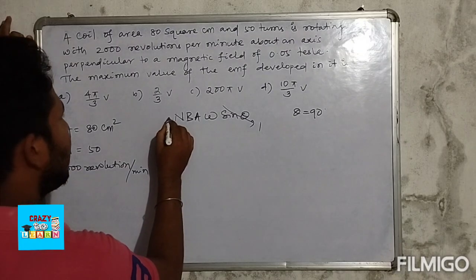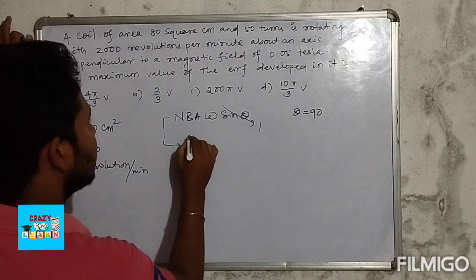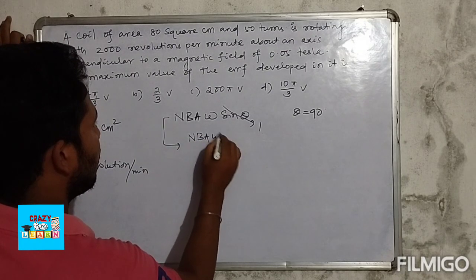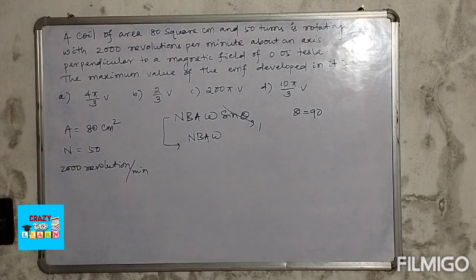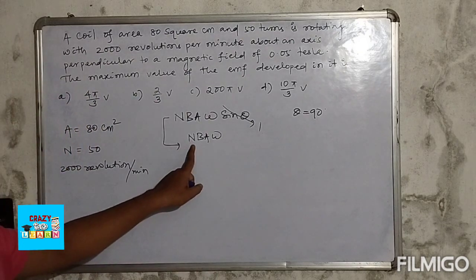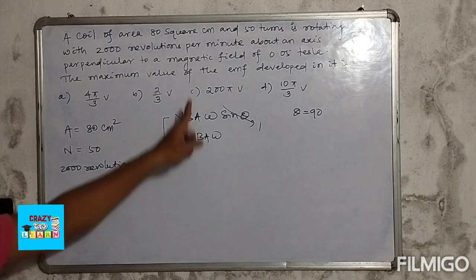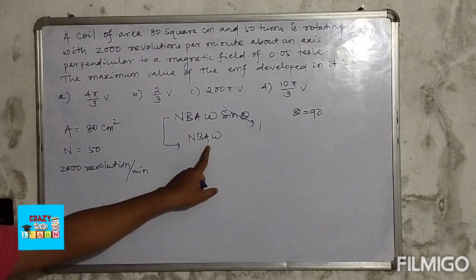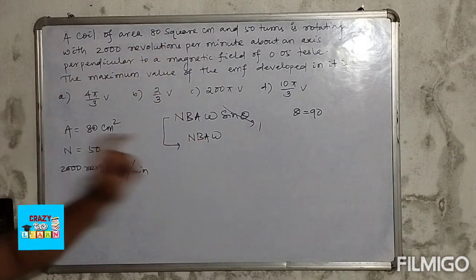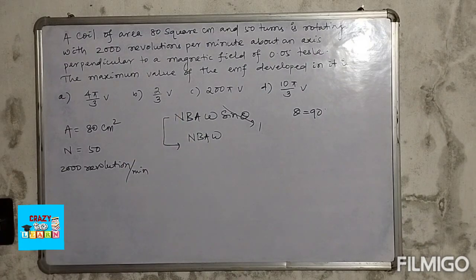So now you can write the formula as NBA omega. N is the number of turns, B is the magnetic field, A is the area of the coil, and omega is the angular velocity. You can also write angular frequency.